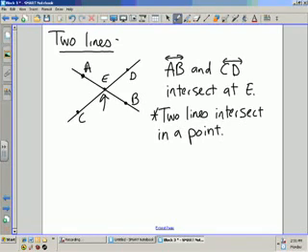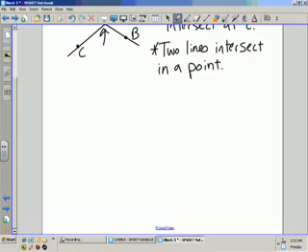Two lines intersect in a point. When two lines cross each other, they're going to meet at a single point. Let's go ahead and extend the page.